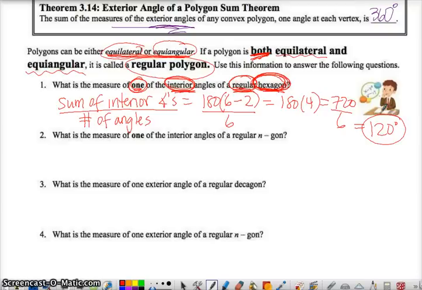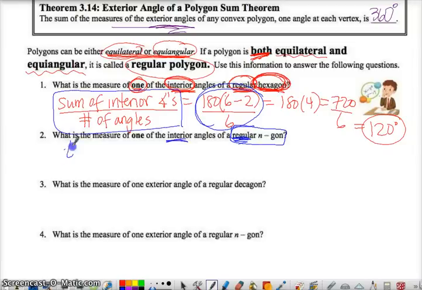Okay, the next one. What is the measure of one of the interior angles of a regular n-gon? Okay, so regular. Any interior angle. So basically, it's this formula right here, right? What do we do to find one specific angle?